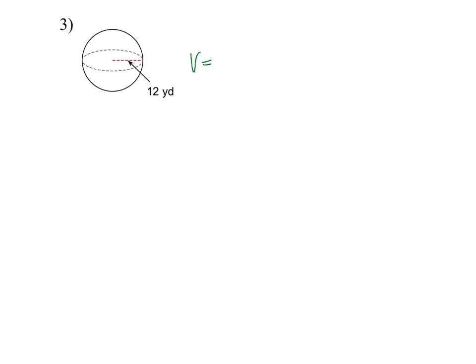So again, volume equals 4/3 of pi times 12 cubed. So this volume equals 7,238.23 cubed units.